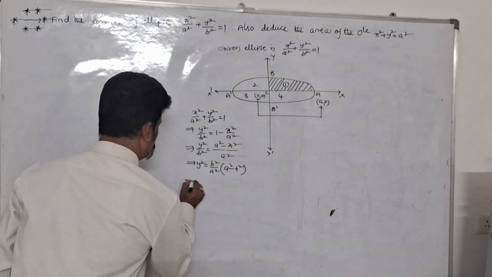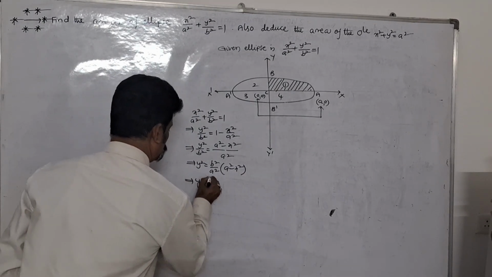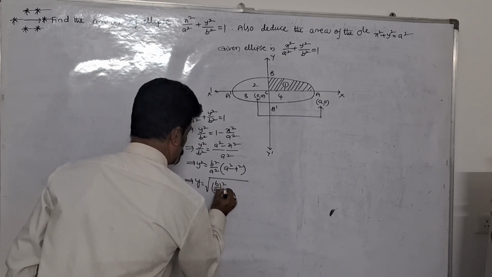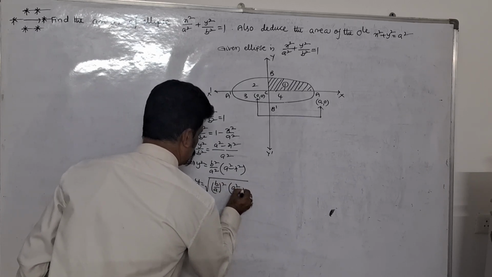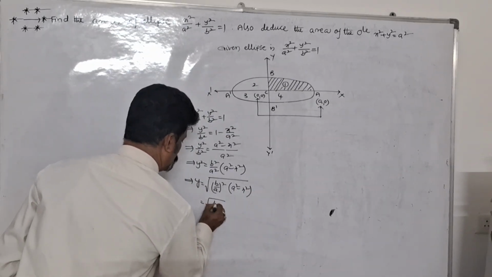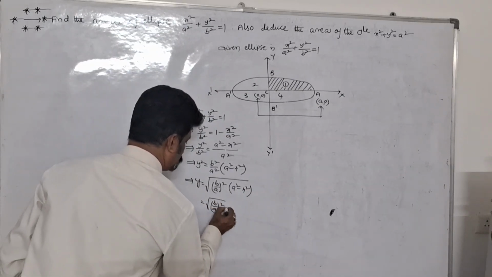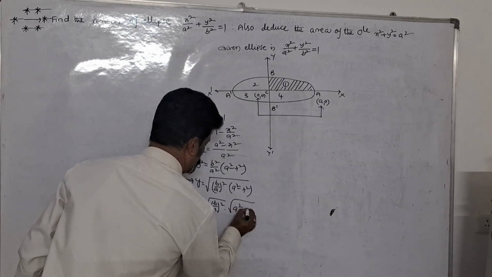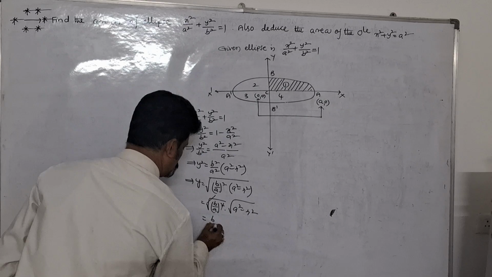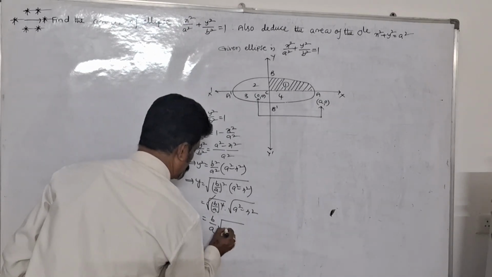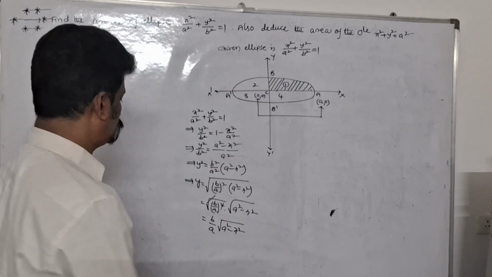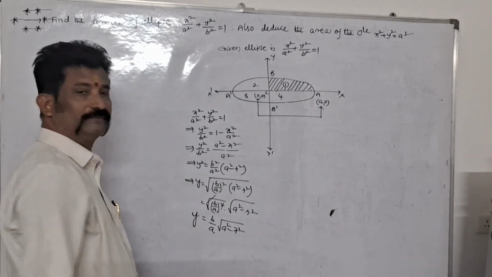So y is equal to root over b by a whole square into a square minus x square, which is root over b by a whole square into root over a square minus x square, so this cancels. So this is equal to b by a into root over a square minus x square. So this is the y value ready.